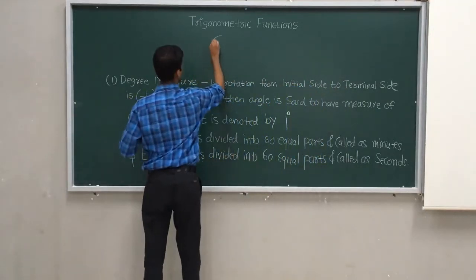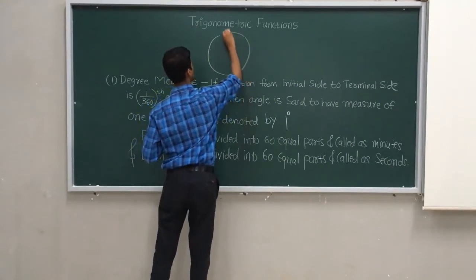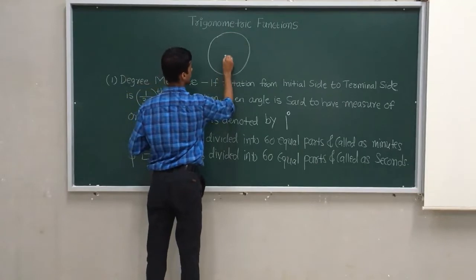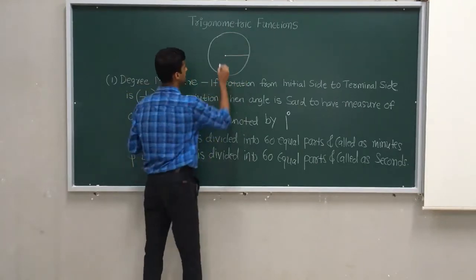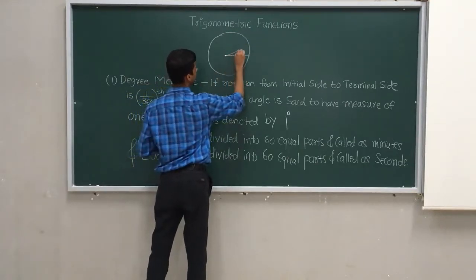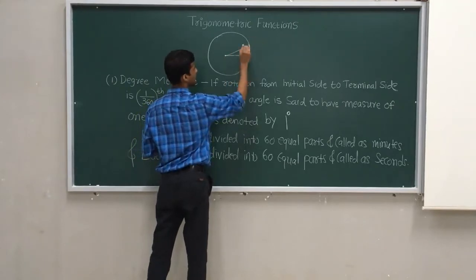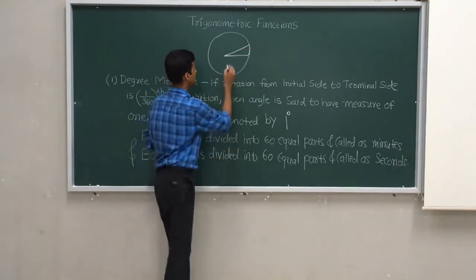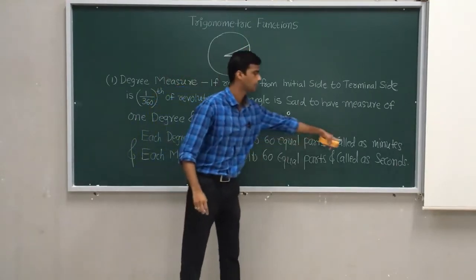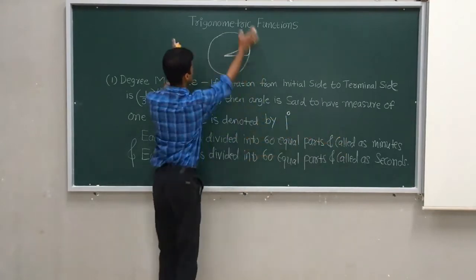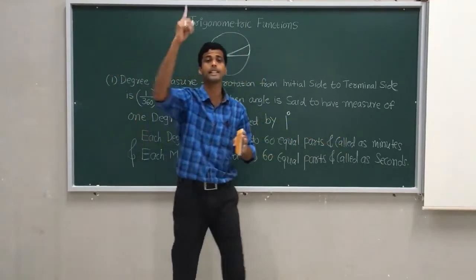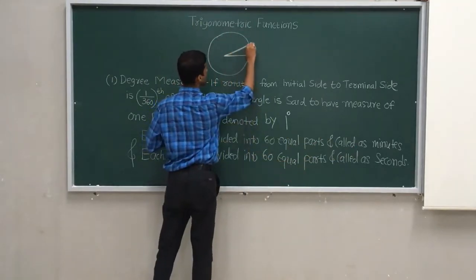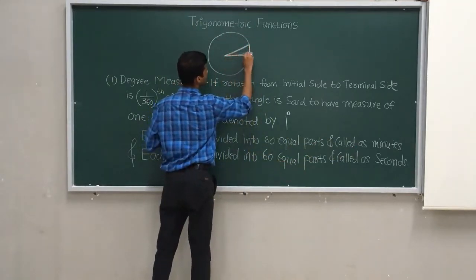If you consider a circle like this, and this is some initial side, think that for the time being I will take this much as 1 degree. Because if I draw small, I can't explain further. So in that 360, I have taken one part, that is 1 out of 360, that is 1 degree.